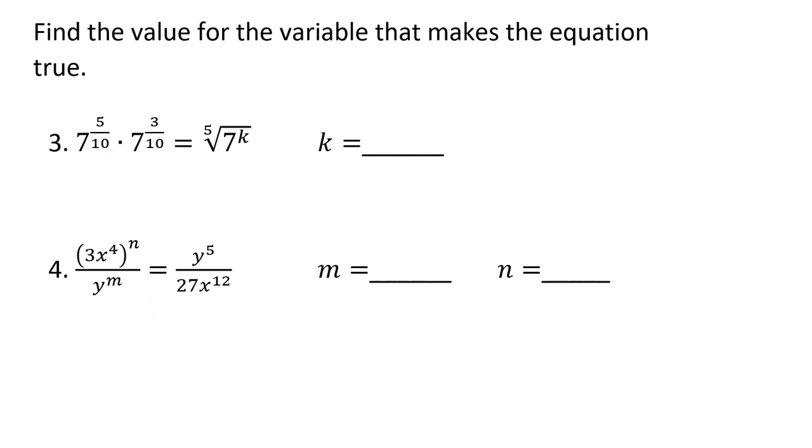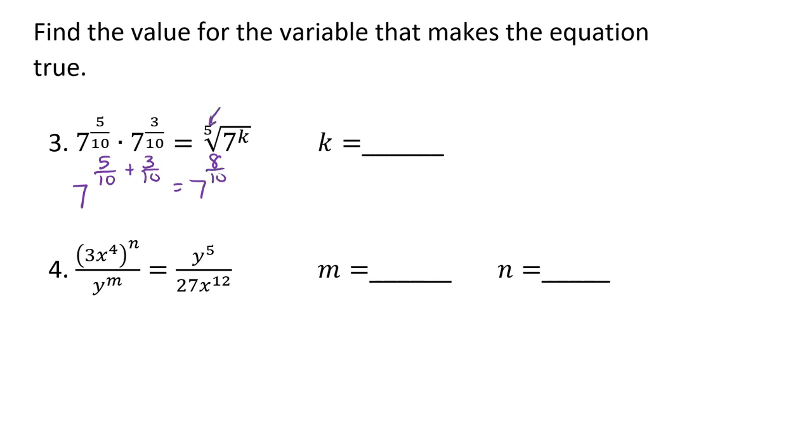Problem 3, same directions as before. So here we have a single radical, and here we have two rational exponents with a times sign, which means I'm going to multiply this together, and when I do that, the exponents get added. So I'll have 5 over 10 plus 3 over 10, which gives me 7 to the 8 over 10.